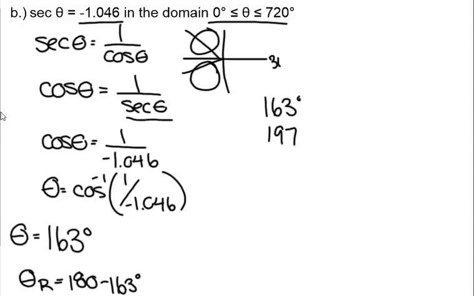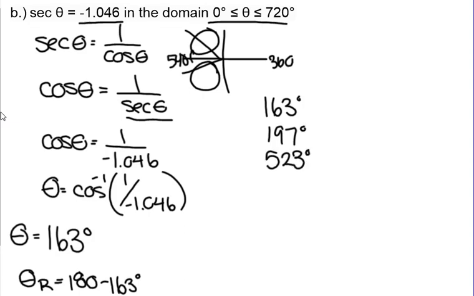Then we go to 360 plus 180, which is 540. We want 17 less than 540, which is 523.